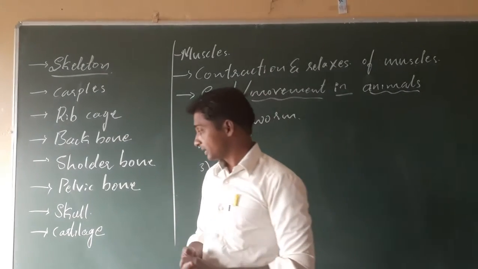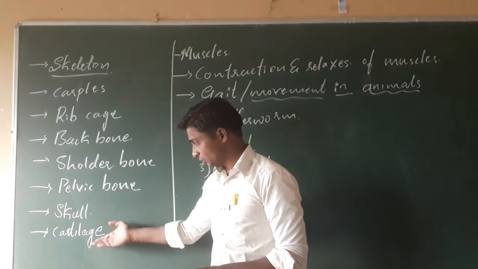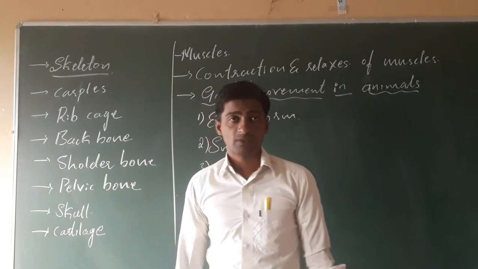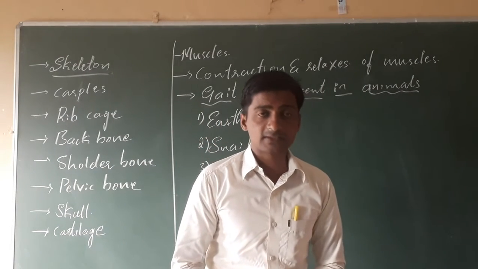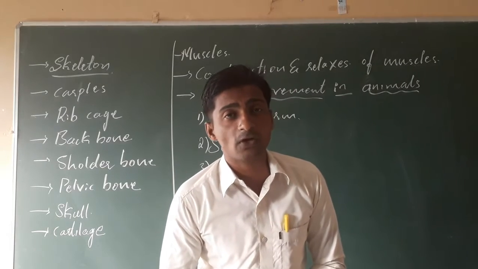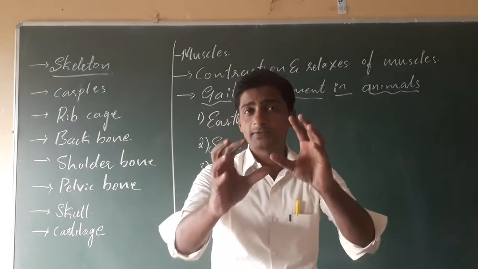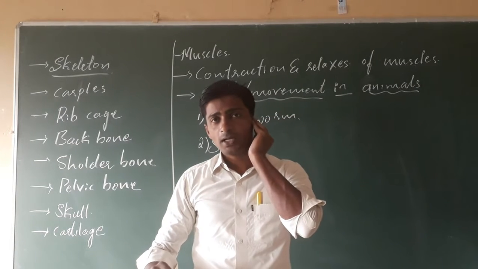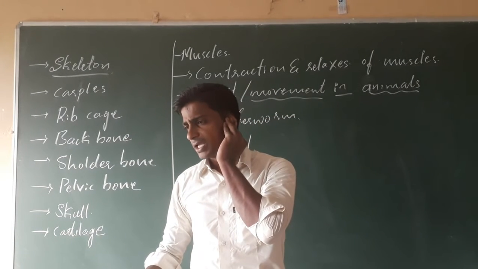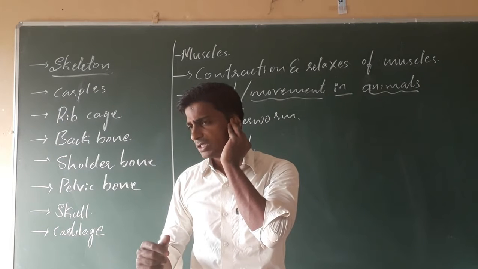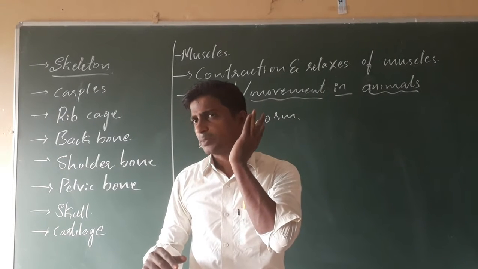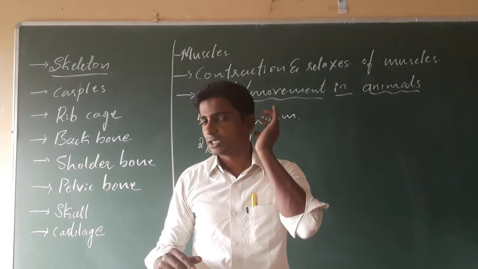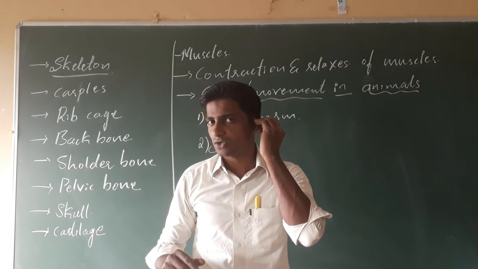The next concept, dear students, is cartilage. Cartilage is also called soft bones. You might have seen that the ear can be folded. When we fold the ear and leave it freely, it returns to its original position.